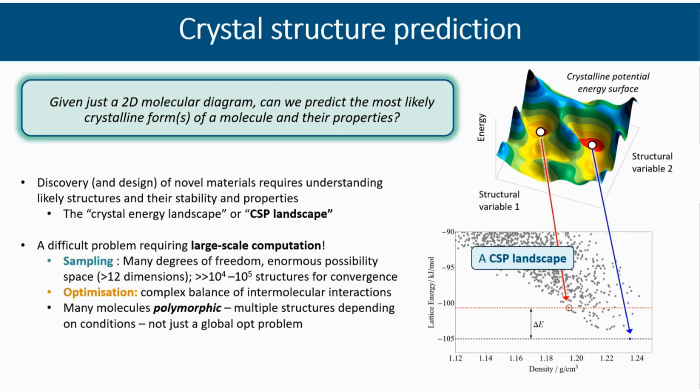And one of the things that we typically consider when we are benchmarking or assessing the reliability of our CSP workflow is, if there are known crystal structures experimentally of a molecule, we look at where they lie on our CSP landscape, because one of the assumptions that we make is that the crystal structures that are observed should be among the lowest, if not the lowest energy structures on our landscape. And so if the global minimum is an observed crystal structure, we take that to qualitatively suggest that our CSP workflow is doing the right thing.